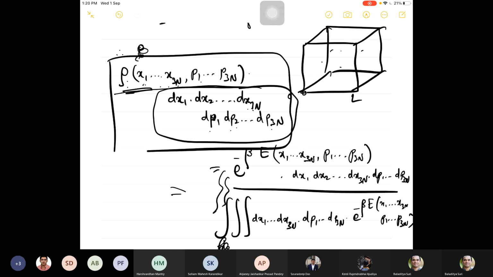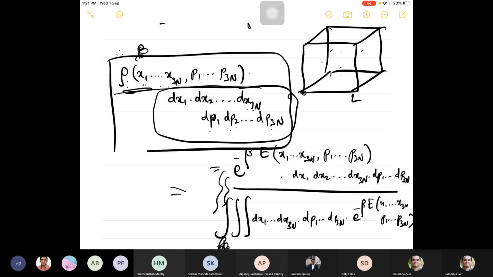The probability of finding the system of gas molecules with coordinates x1, x2, up to x3n and momenta p1, p2, up to p3n, times the tiny volume element dx1, dx2, up to dp3n in phase space, times the probability density at that phase space point, will be equal to e to the power of minus beta E, where E is calculated at that point, because the energy is a function of the 6n dimensional phase space coordinates and momenta.